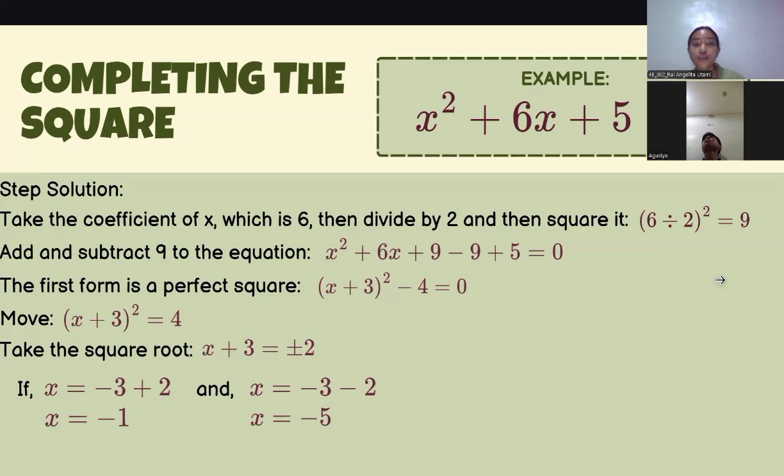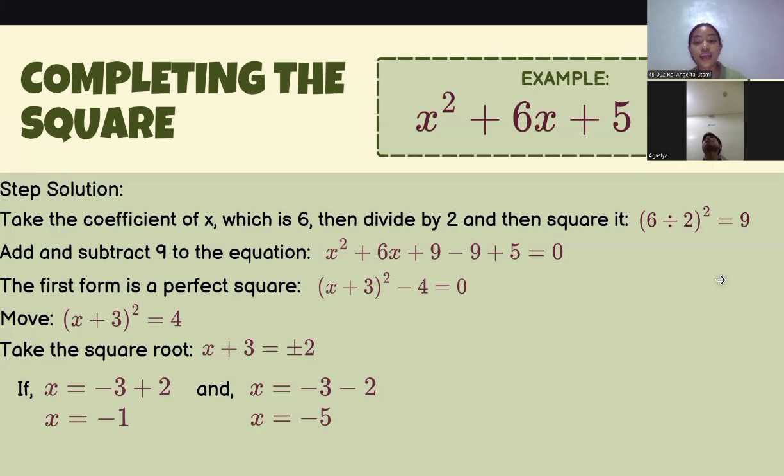Therefore, (6 divided by 2) squared equals 9. Next, we add and subtract 9 to keep the equation balanced. x squared plus 6x plus 9 minus 9 plus 5 equals 0.